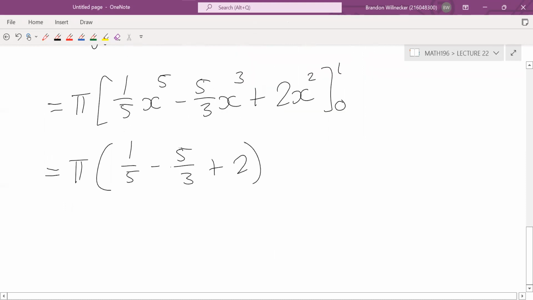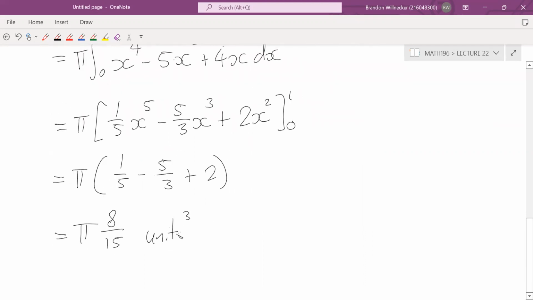We can find a common denominator of 15, add up the numerators, and we're going to get 8 over 15. And remember, units cubed. So that's how we find the volume in this case.